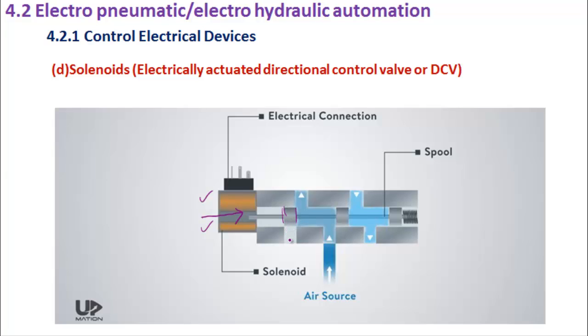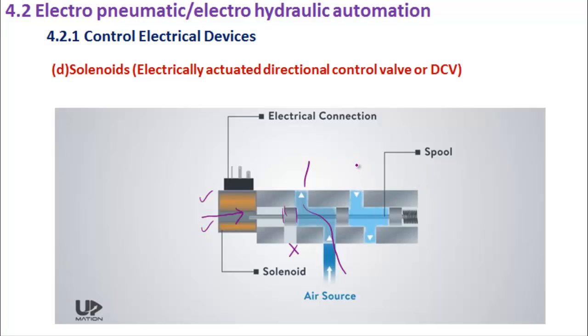These blocks basically block this particular port, so nothing goes out or in from that port. Whereas here, there is a passageway for the air or the fluid to enter through this port and pass through this port.